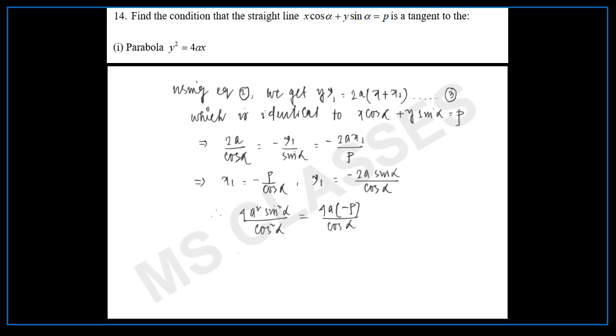And this gives us a sine square alpha equal to minus p cos alpha. That is, a sine square alpha plus p cos alpha equal to 0, which is the required condition.